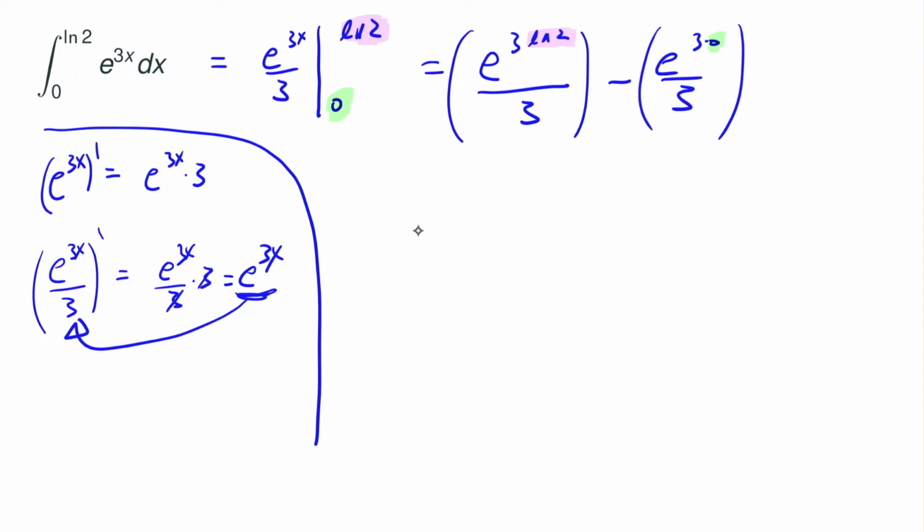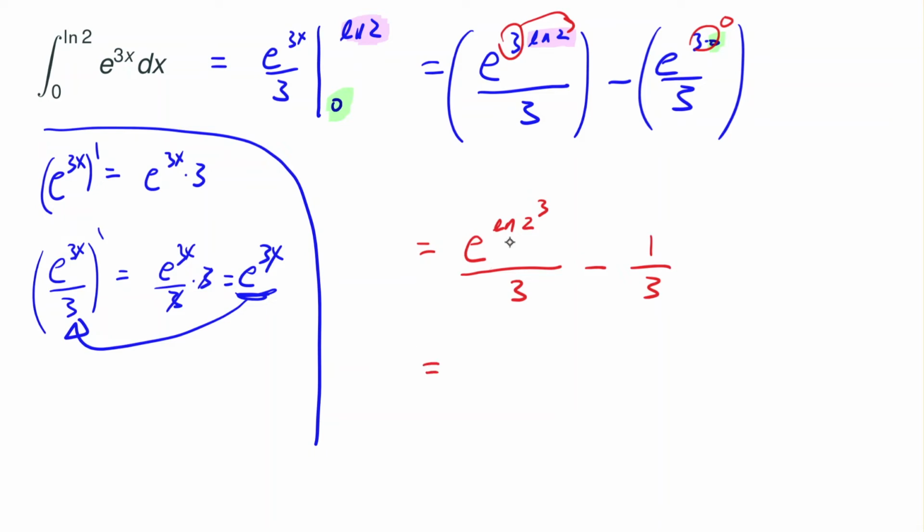So let's simplify this a little bit. Here, this 3 can actually go up right here. Right? So we have e to the ln of 2 to the 3 power over 3 minus e to the 0. This is essentially 0. Anything to the 0 power is 1. So we have 1 over 3.